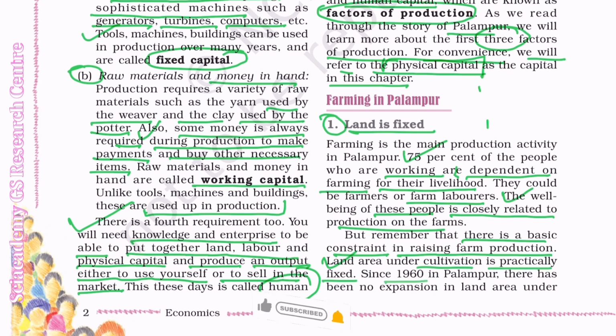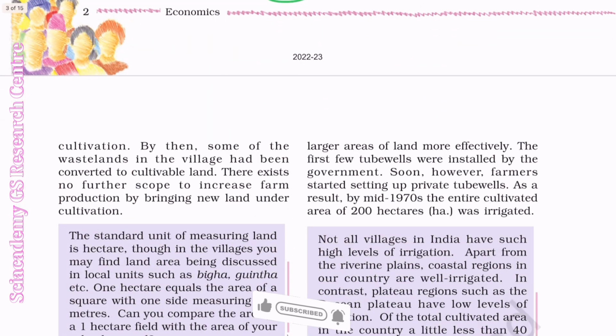Since 1960, in Palampur, there has been no expansion in land area under cultivation. By then, some of the wastelands in the village had been converted to cultivable land. There exists no further scope to increase farm production by bringing new land under cultivation.